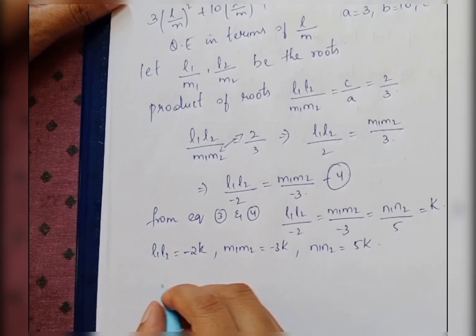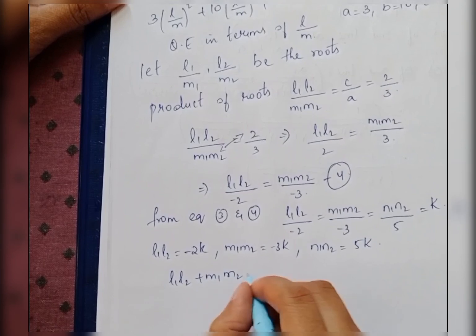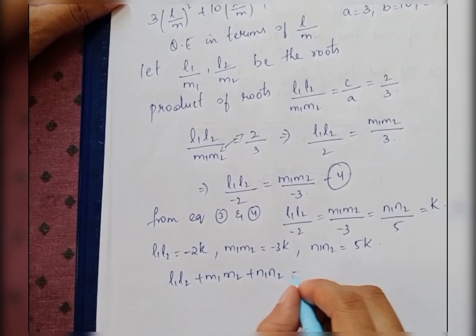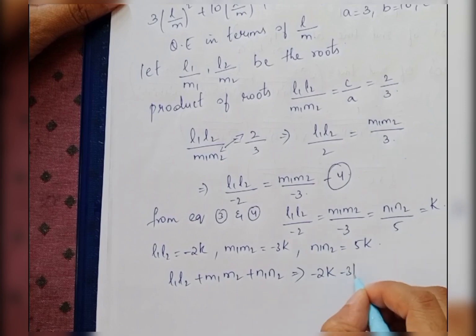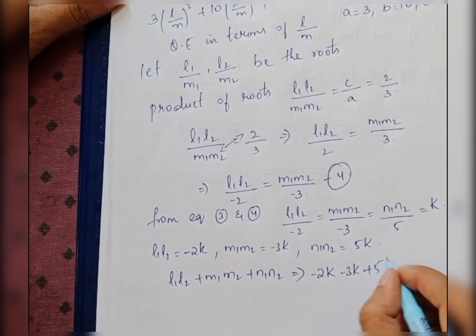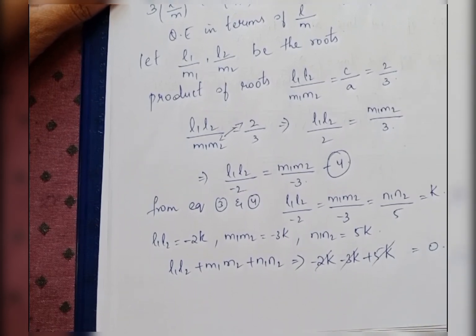Okay, so now we'll add up l1 l2 plus m1 m2 plus n1 n2, which is minus 2k and minus 3k, and n1 n2 value is plus 5k. So it is plus 5k minus 5k, it will be 0.